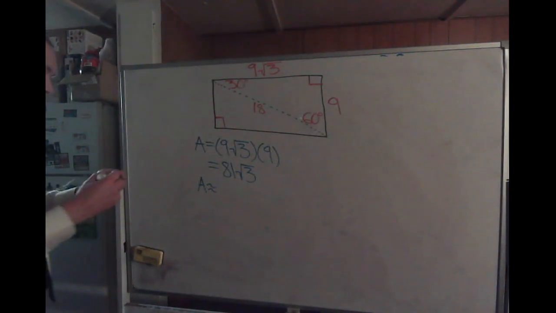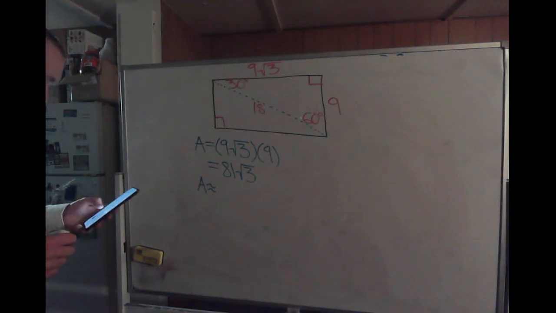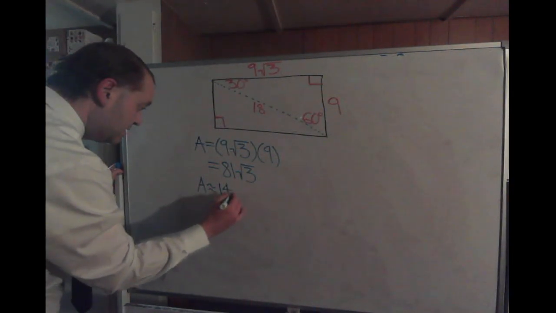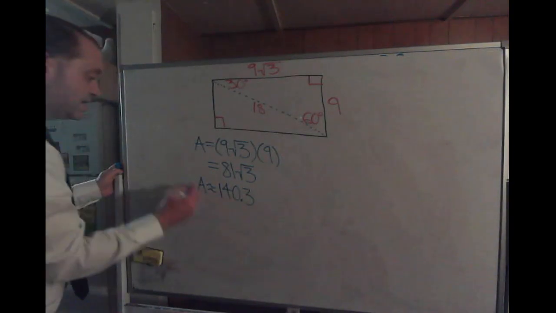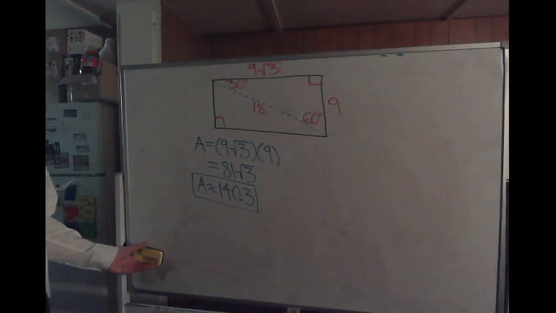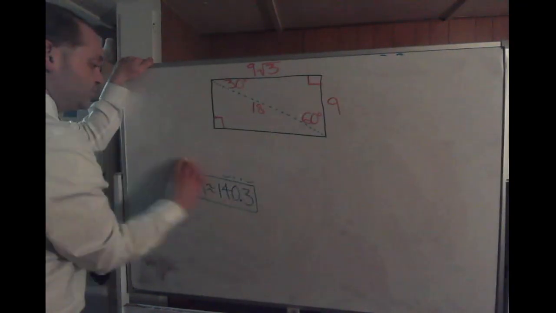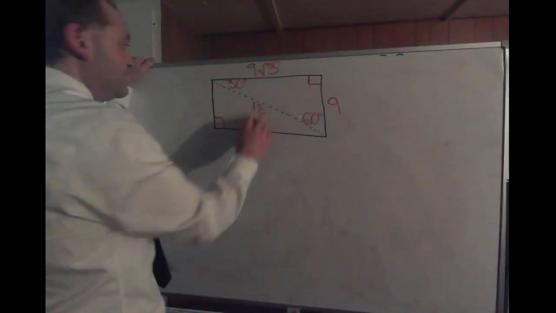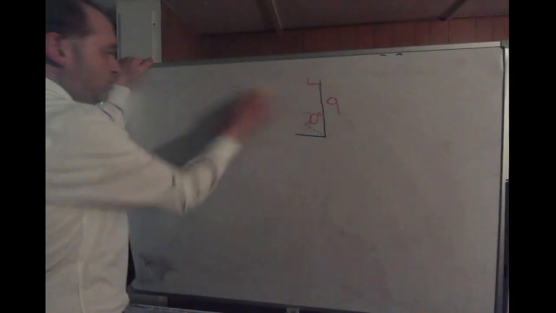So let's get an approximation of what 81 times the square root of 3 is. 81 times the square root of 3 is about 140.3. So the area of this rectangle is approximately equal to 140.3 square units. Generally we're not going to leave areas in radical terms. We're actually going to get a decimal approximation.